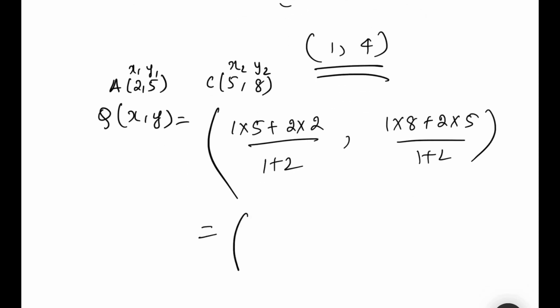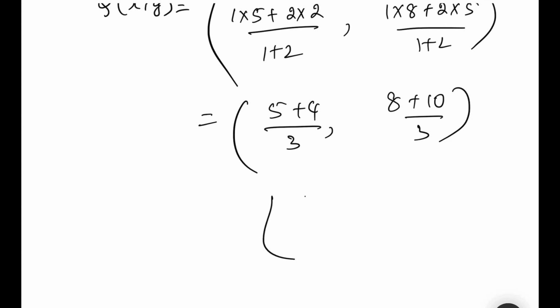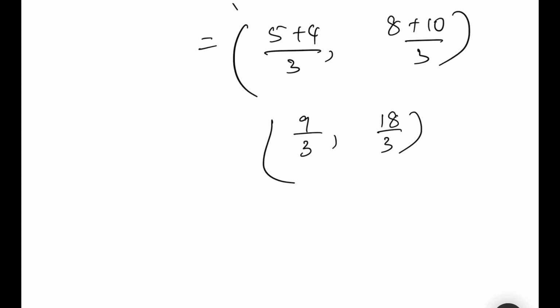So that is equal to (5 + 4) by 3 and (8 + 10) by 3. So we have 9 by 3 and 18 by 3, that is equal to (3, 6). This will be the point Q. Hope it's clear, children. So this is the way you will be solving different questions in this exercise.